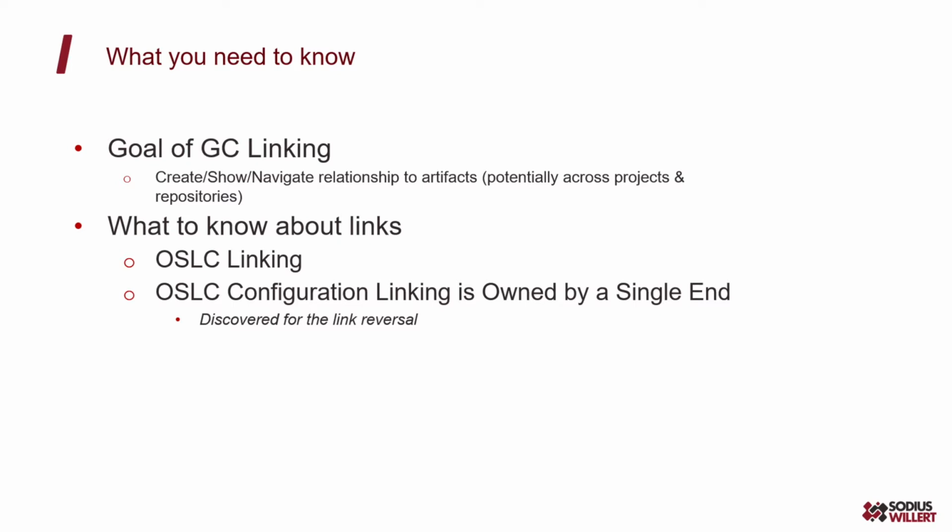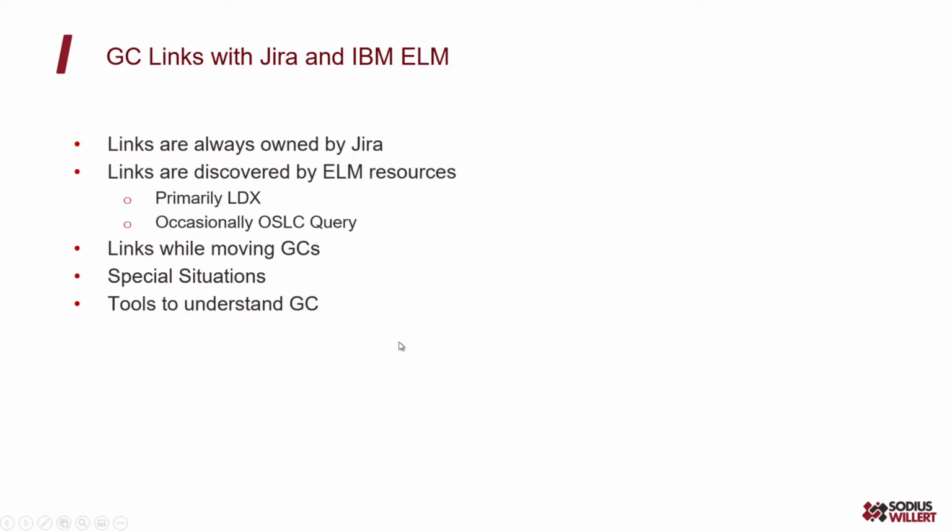What we want to do in this session is give you more knowledge about that, and some demonstrable evidence, so that as you're operating in the system as a user, you understand what's happening. There can be some complexity about link ownership across the standard. Some domains own some links and not others.